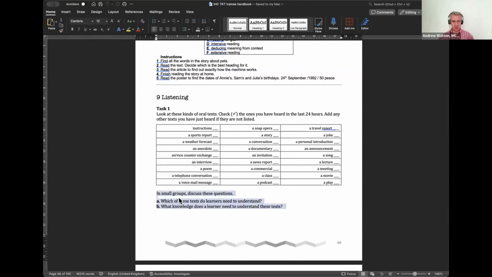And you're going to discuss in small groups which of these texts do learners need to understand? What knowledge does a learner need to understand these texts?